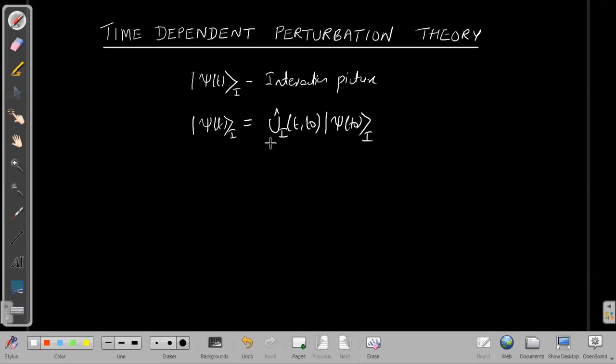Once you know this U_I, we can find the evolution of the state, and thereby we get the transition probability. It is how the perturbation leads to the new possible states. That is what we discussed in the last lecture.